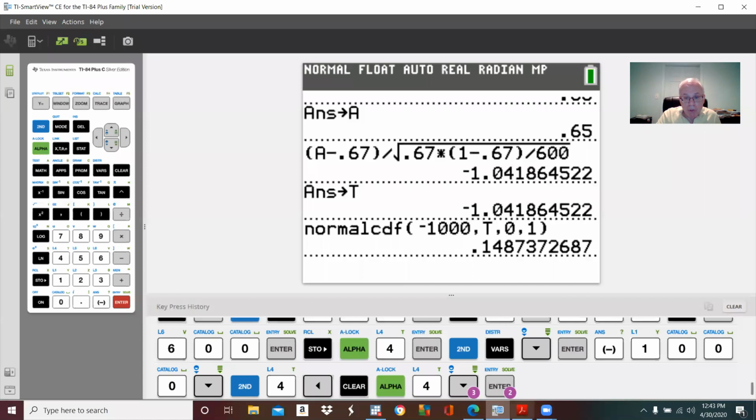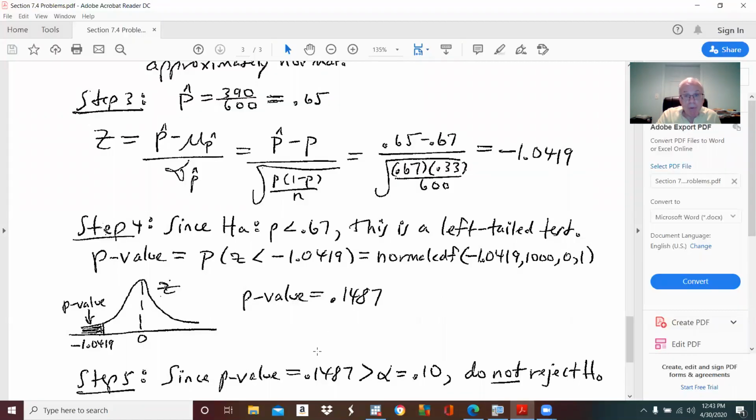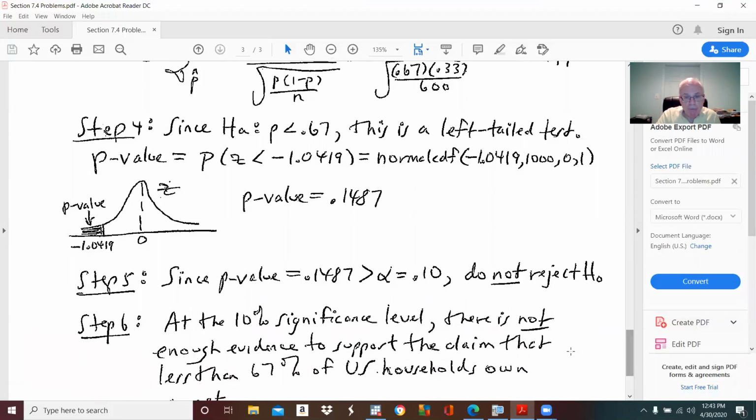All right, so now the alpha is 0.10. It's a 10% test, a 10% level of significance. The p-value of 0.1487 is larger than alpha's 0.10, so the conclusion is do not reject the null hypothesis.